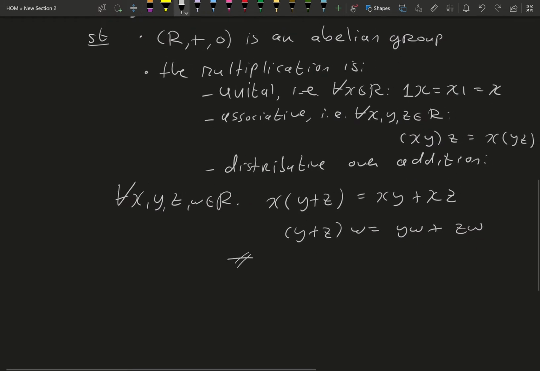And here's a remark. So in general, R is not commutative.